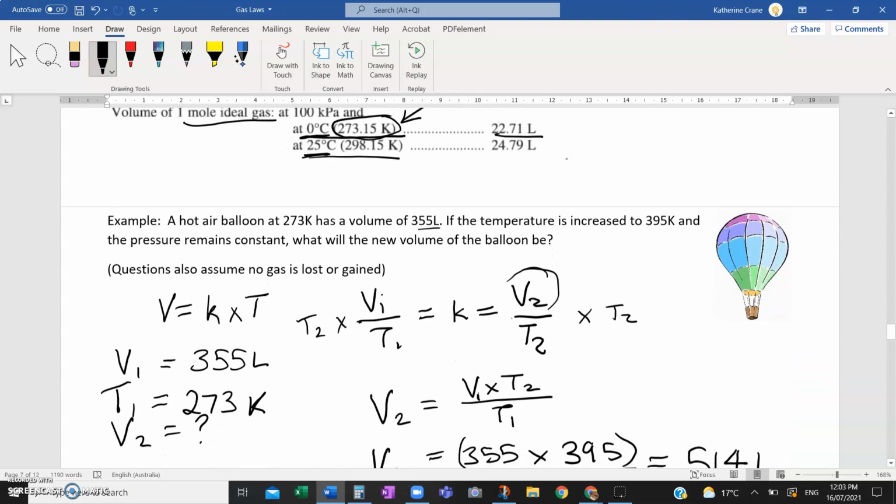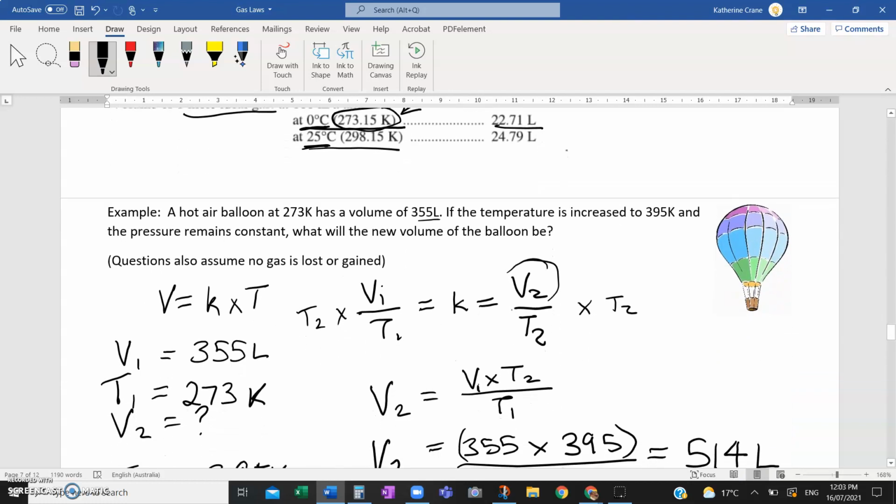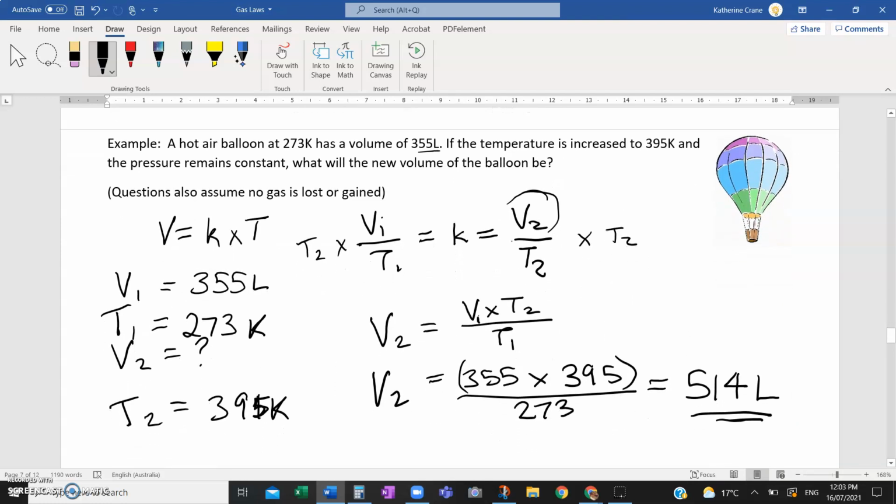Let's do a bit of an activity with this now. Okay, so we have a hot air balloon. It's at 273 Kelvin and it has a volume of 355 litres. So if we increase the temperature in this balloon to 395 Kelvin, keeping the same pressure, what's the new volume of the balloon?